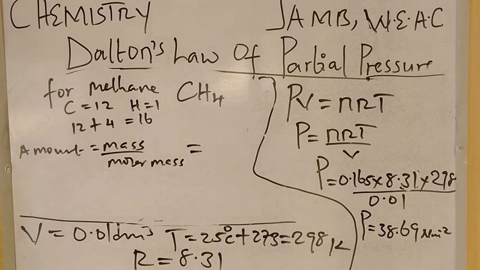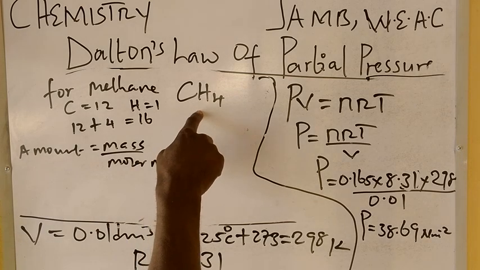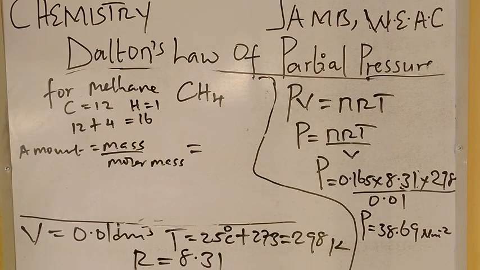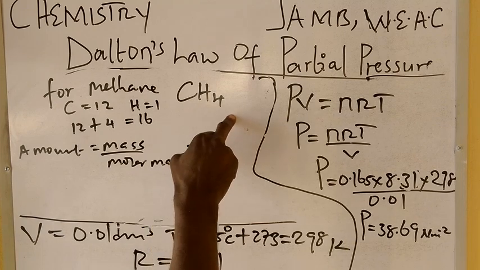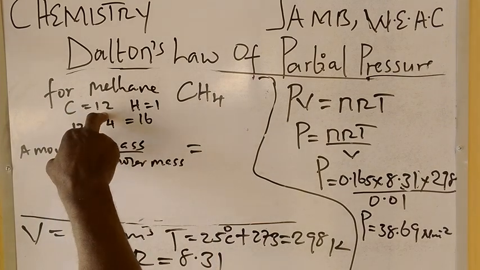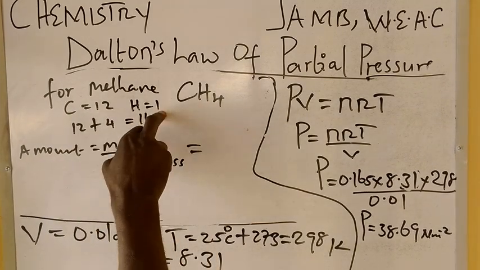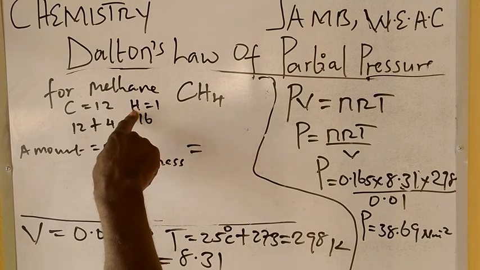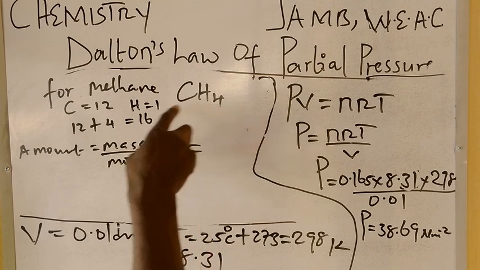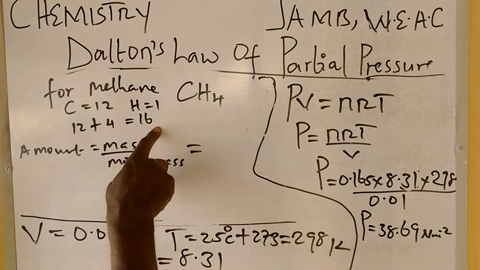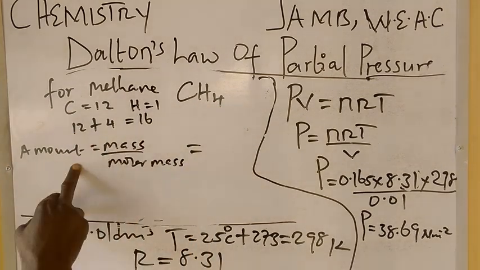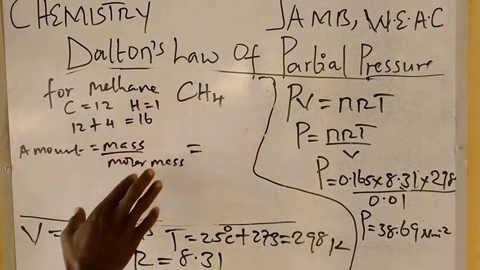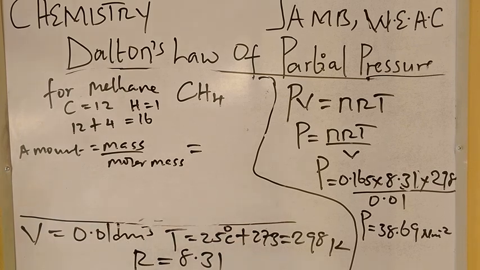We want to get the partial pressure of methane also. Methane, the formula is CH4. It's a hydrocarbon. The molar mass of carbon is 12 and hydrogen is 1, and we have 4 of the hydrogen, so 12 plus 4 is 16. The number of moles of methane is mass over molar mass.